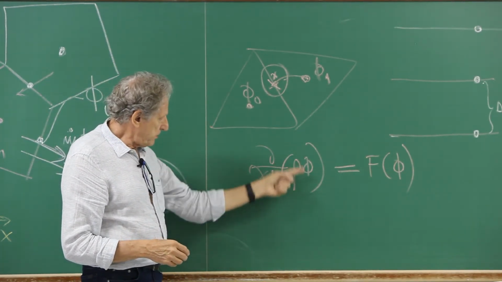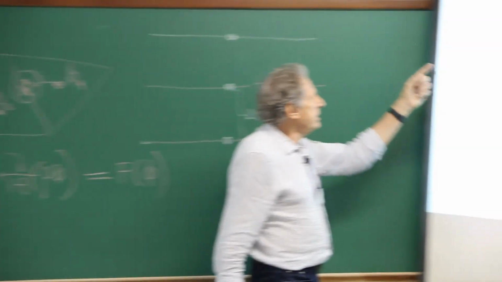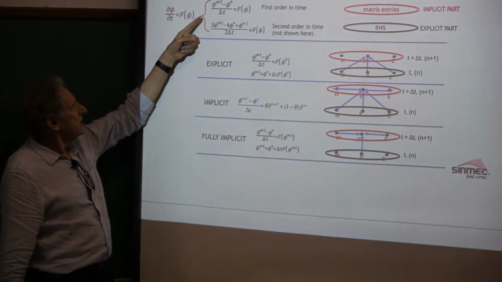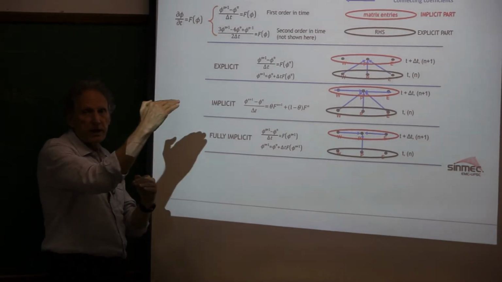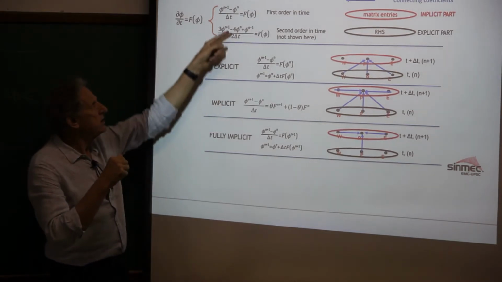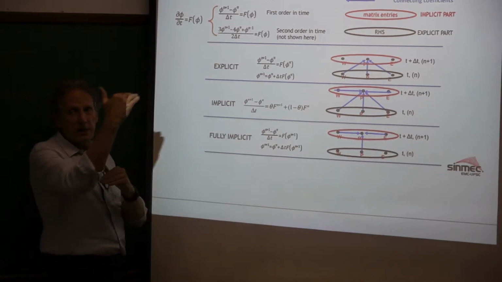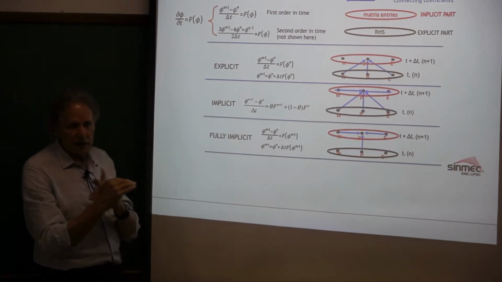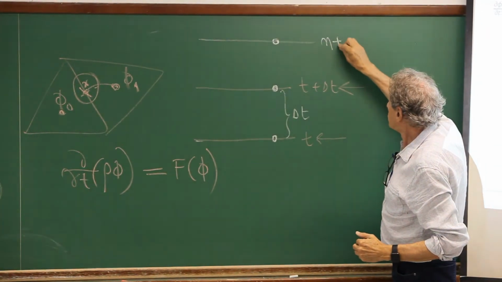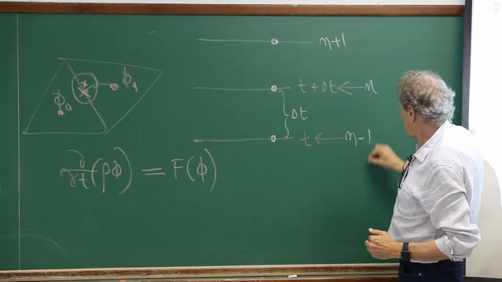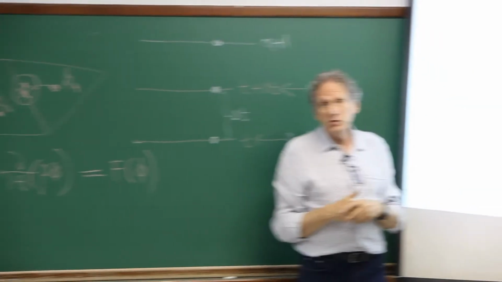My transient term, my temporal term, can be written like that: t plus delta t minus t, where n plus 1 minus n, just backward, first order in time. Or I can do that: n plus 1, n, and n minus 1, using 3 levels. This is second order in time.